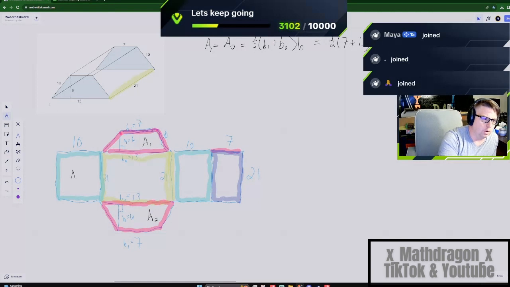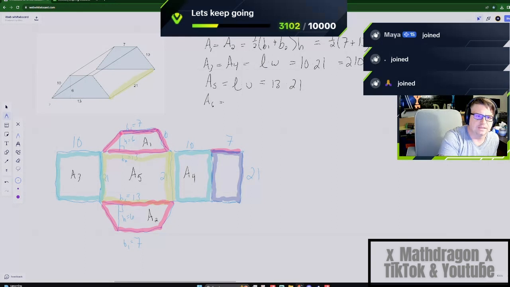Then we can do A3 and A4, which is length times width, which is going to be 10 times 21, which is 210. And then A5 is its own right, and that's going to be 13 times 21.